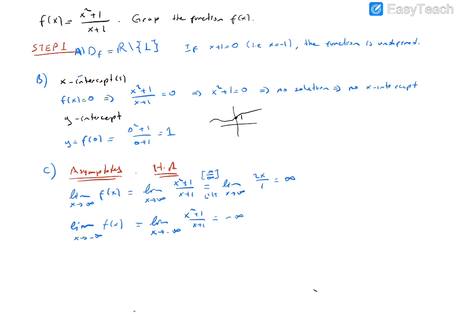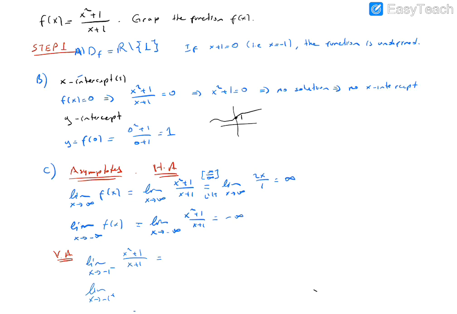For the vertical asymptote, the point which is not in the domain is the candidate. If a point makes the denominator 0 for a quotient function, it can go to infinity or minus infinity when x approaches this value. So you should look at the limit as x goes to minus 1 from the left side, and from the right-hand side, of x squared plus 1 over x plus 1.